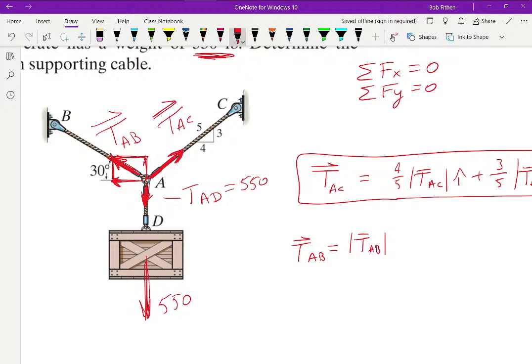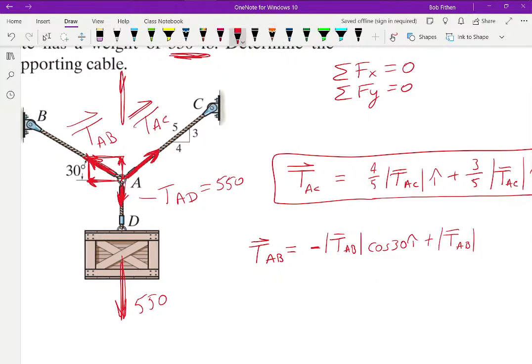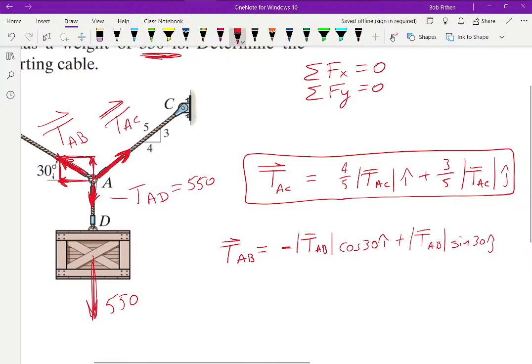It can be broken into components, and it just so happens it's cosine of 30 in the i, but it is pointing to the left. Now, it is pointing directly to the sky, sky being the positive y direction, and that's the sine of 30 j.